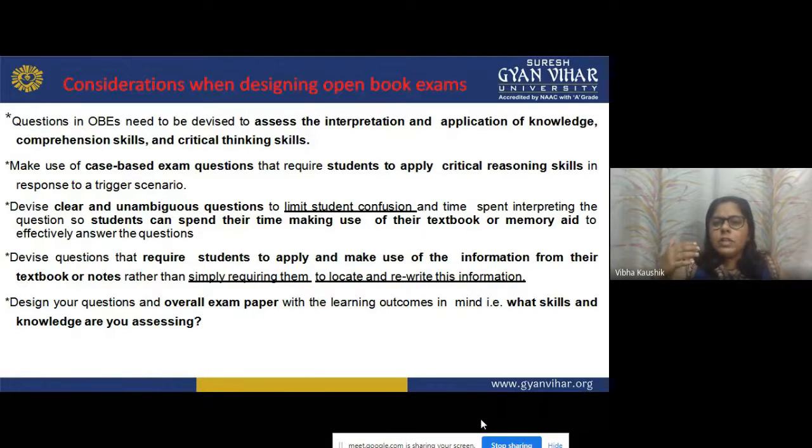When a teacher teaches a topic, it has some objectives, and when we assess how much you have learned, that knowledge or understanding of the objectives is related to the learning outcomes. When a teacher is assessing the performance of the learner in an open book exam, the teacher must consider what the learning outcomes of the learner are.